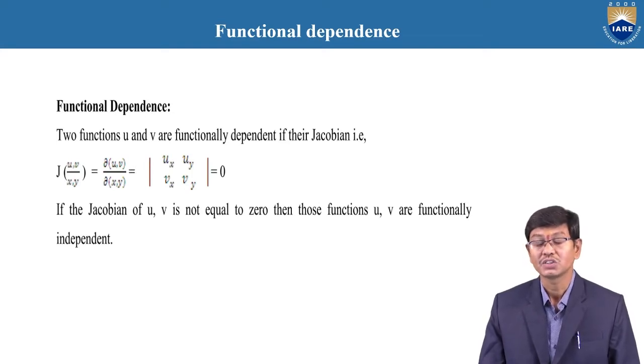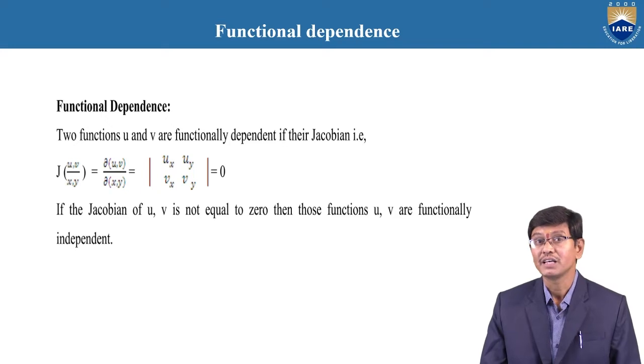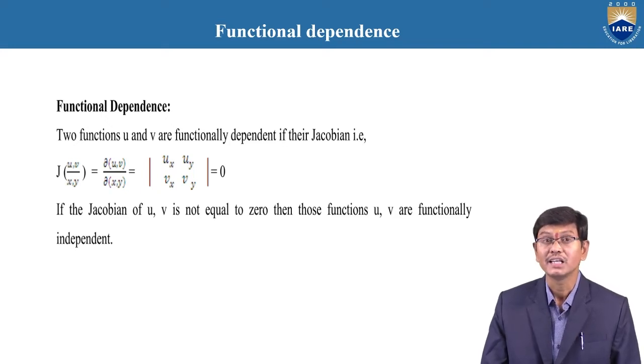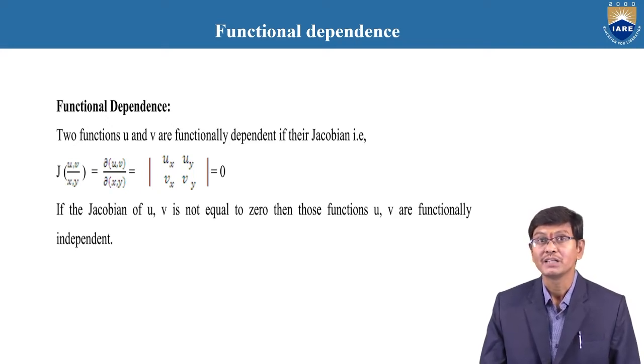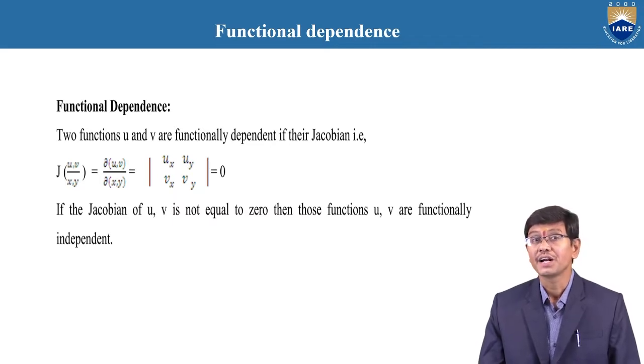Let the two functions u and v be functionally dependent if their Jacobian, dou of u comma v by dou of x comma y, which is J of u comma v by J of x comma y, is a determinant process.